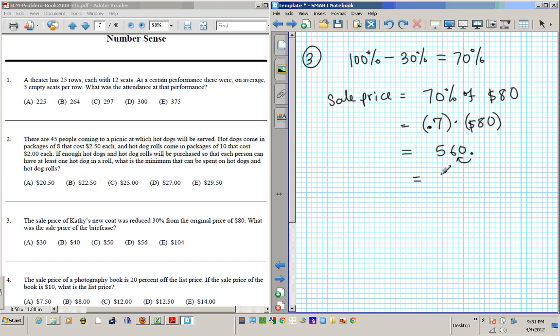So the sale price is going to be $56. You just multiply the remaining percentage by the price. So the answer for this one is D.